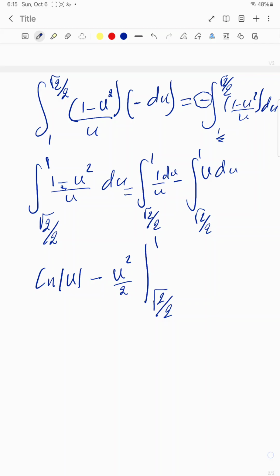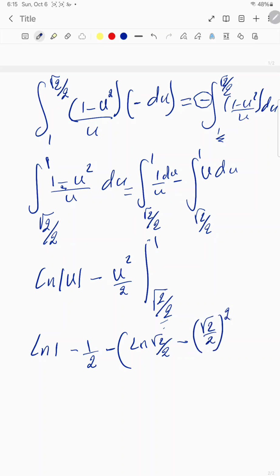So now it's easy. All I have to do is replace u first by 1 and then minus replace it by square root of 2 divided by 2. It becomes ln of 1 minus 1 over 2, minus, and I open my parentheses, ln of square root of 2 divided by 2 minus square root of 2 divided by 2 square divided by 2. So ln of 1 is 0.